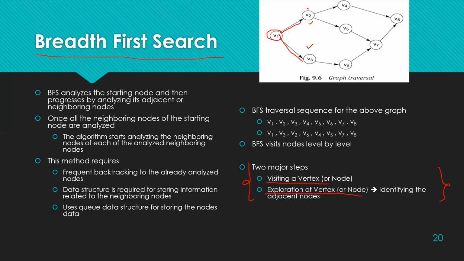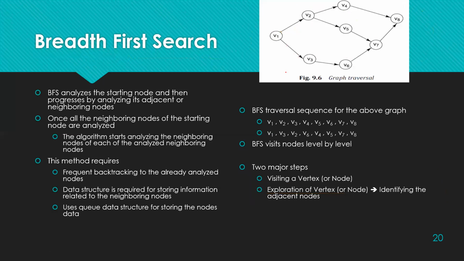Next, for V2, the neighbors are V4 and V5. For V3, it is only V6. For V5, it is V8. For V4, it is V8. For V5, it is V7. You can see that all the vertices are being ticked over here. It implies that all the vertices are being visited and explored. So that is what is specified with BFS.